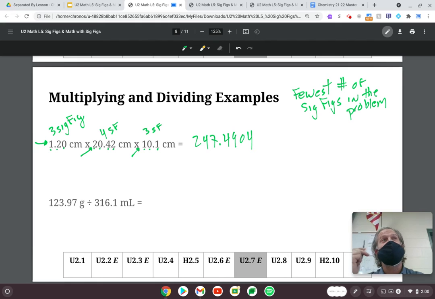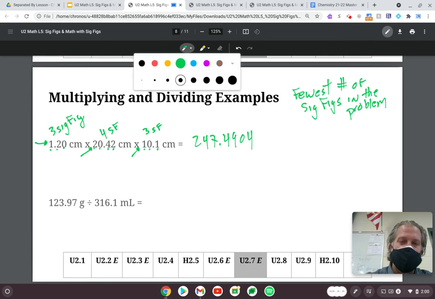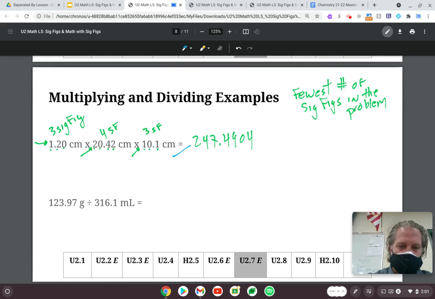So my answer has to have the same number of significant figures as the fewest number in the problem. I'm going to count. Draw an arrow because there's a decimal. 1, 2, 3. So then I draw a line and I see that 4 cannot round up to 7. So my final answer becomes 247. And what would my unit be?